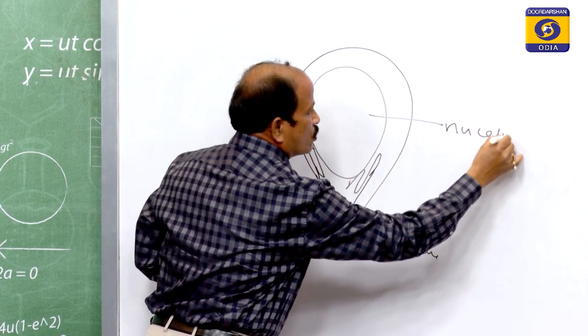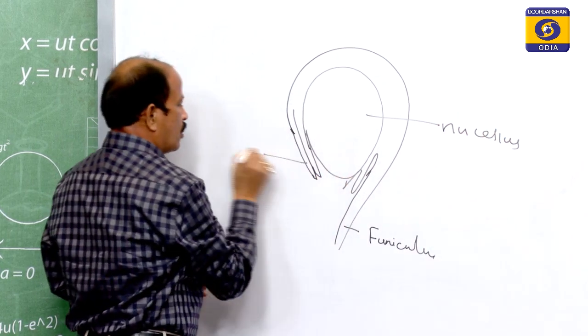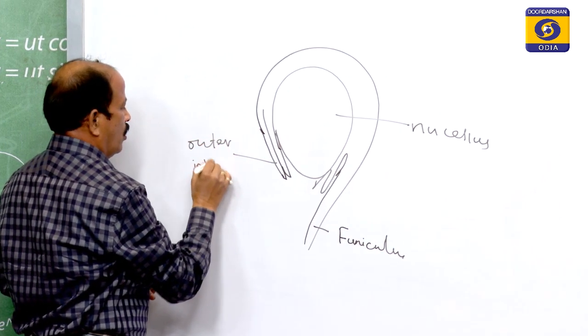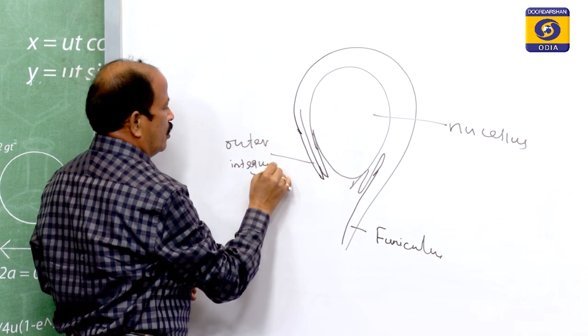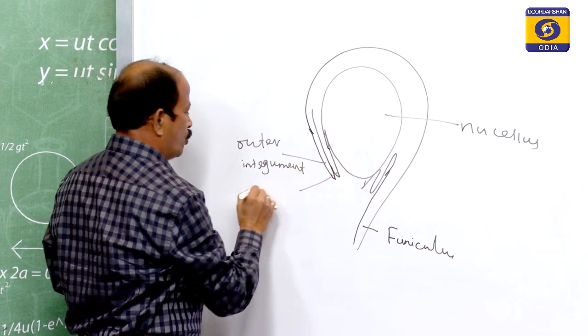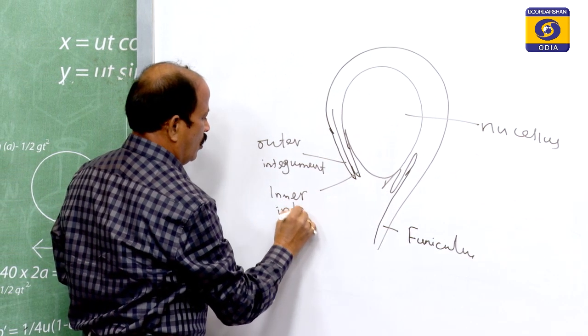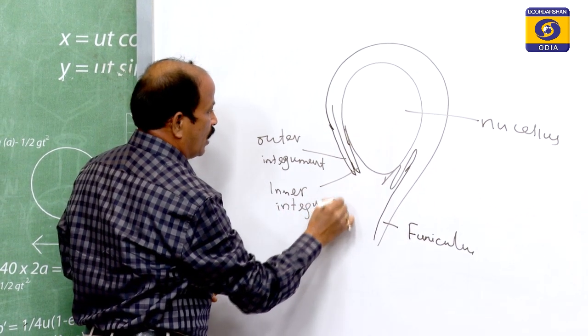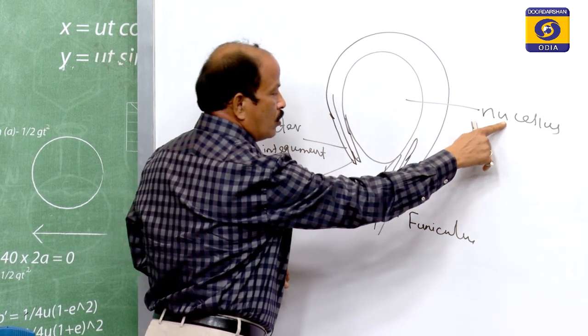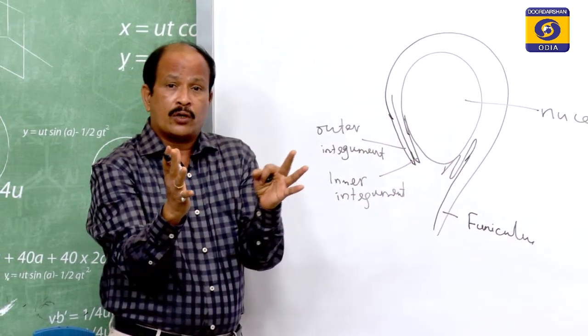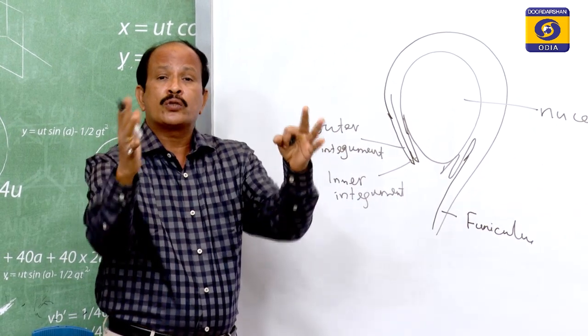This is the nucellus, this is the outer integument, and this is the inner integument.